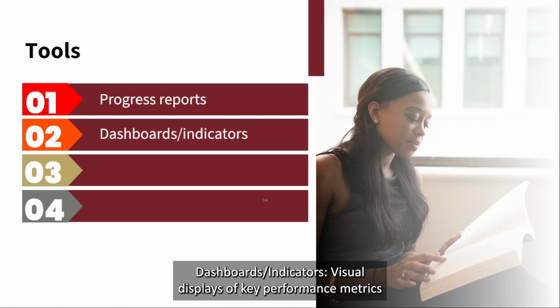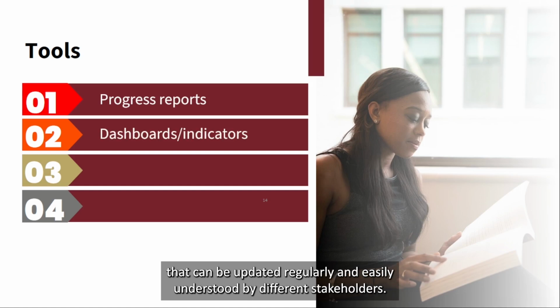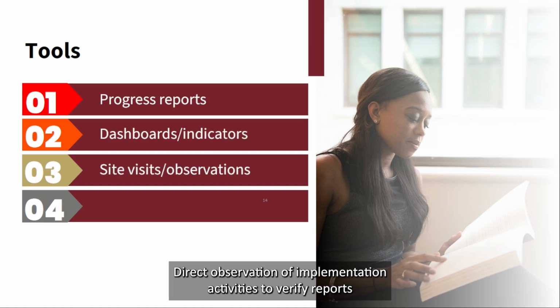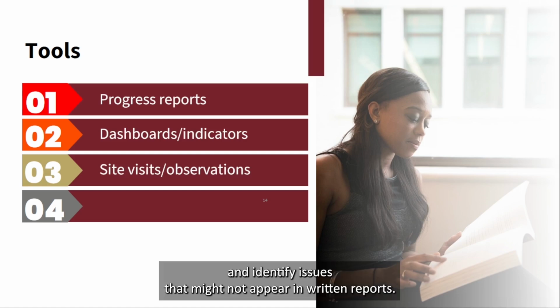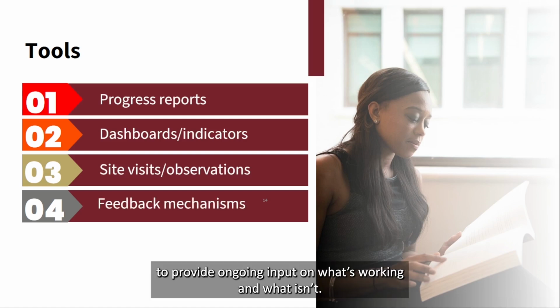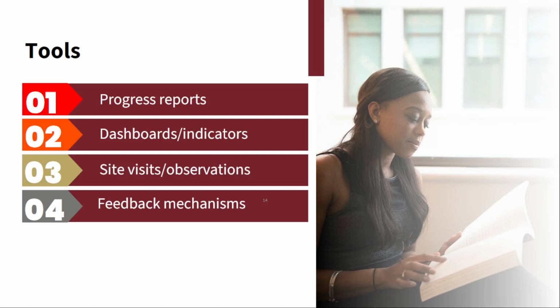dashboard indicators, visual displays of key performance metrics that can be updated regularly and easily understood by different stakeholders; site visits and observations, direct observation of implementation activities to verify reports and identify issues that might not appear in written reports; and feedback mechanisms, systems that allow beneficiaries and implementers to provide ongoing input on what's working and what isn't.